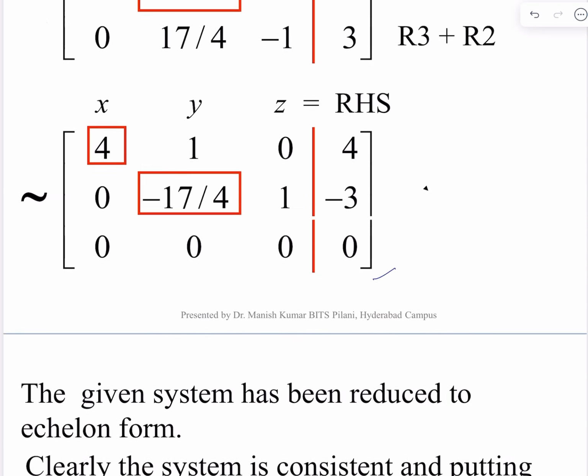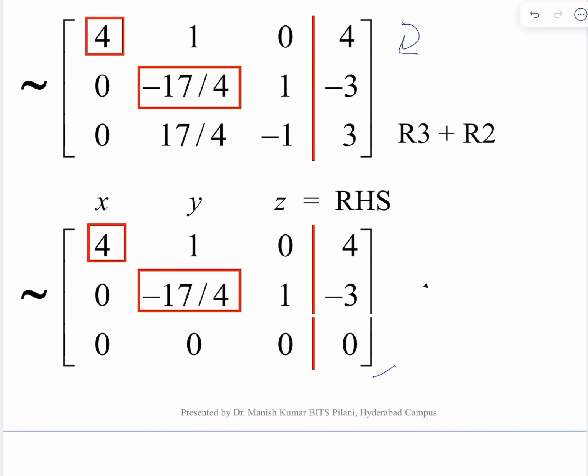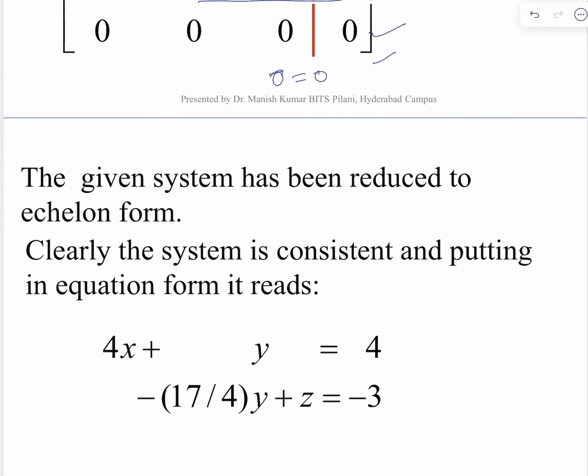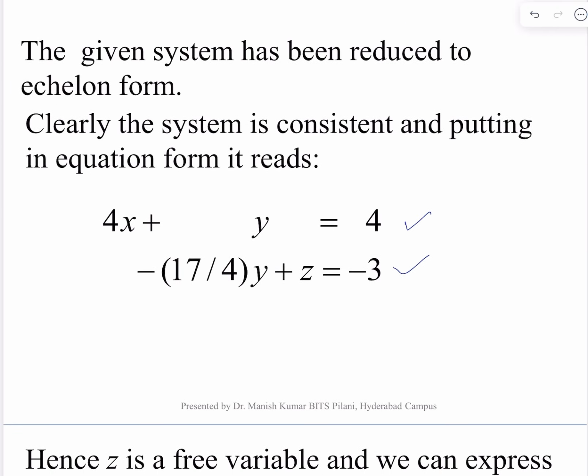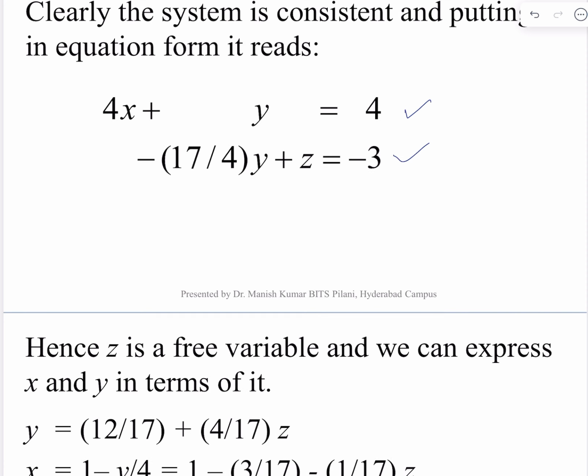Okay. So for this, you see below, 0, 0, 0, all are 0. So here, 0, 0, 0 equal to 0. So 0 equal to 0. Now you have to solve the second equation. You have to solve y in terms of z.